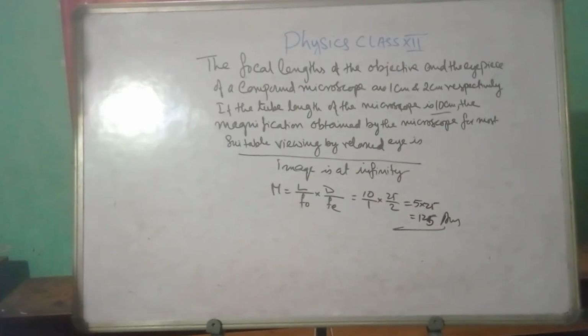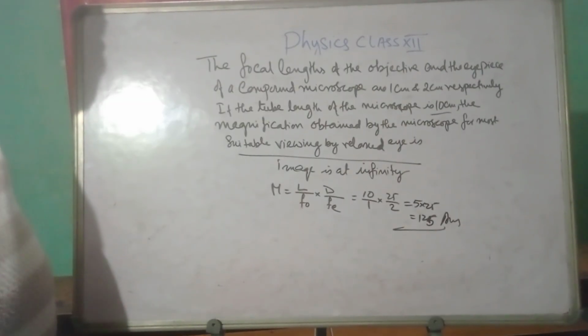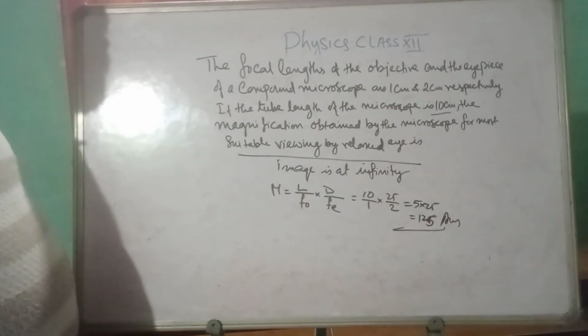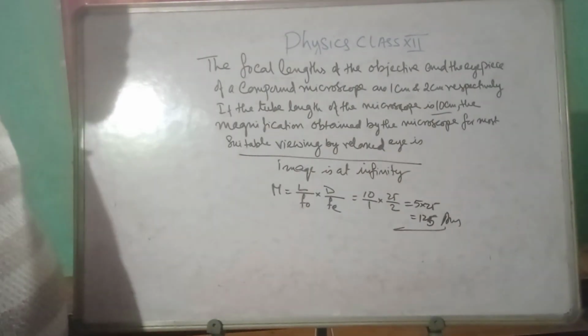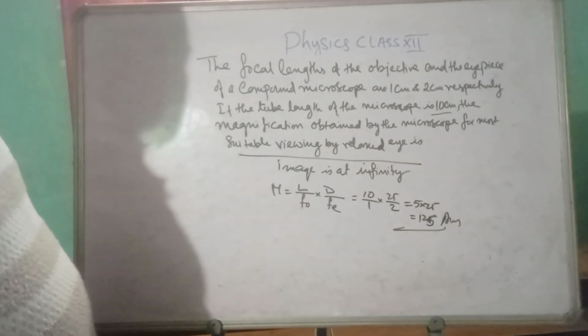Because it is given in the question, for suitable viewing by relaxed eye, it will be image at infinity, and magnification for compound microscope will be L, that is the tube length divided by focal length of the objective, into minimum distance of vision by focal length of the eyepiece. If you put the values, we get magnification 125.